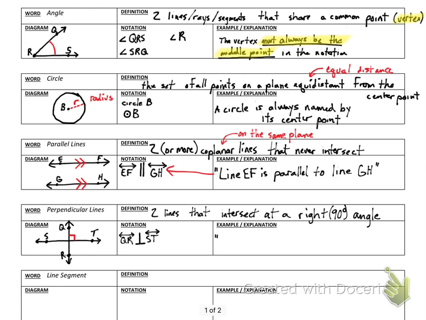And that means that line QR is perpendicular to line ST. Okay. So perpendicular, parallel, not too difficult of concept.